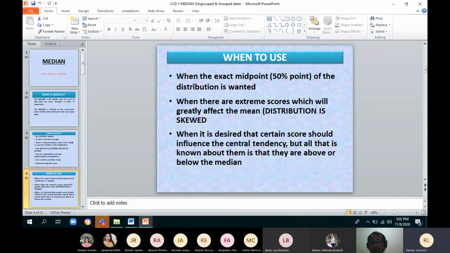Okay? So, skewed to the left. If skewed to the right, most of the students pass. Okay. So when it is desired that certain scores should influence the central tendency, but all that is known about them is that they are above or below the median.